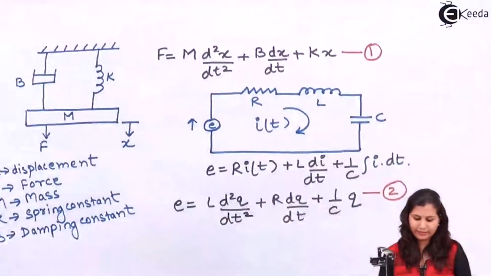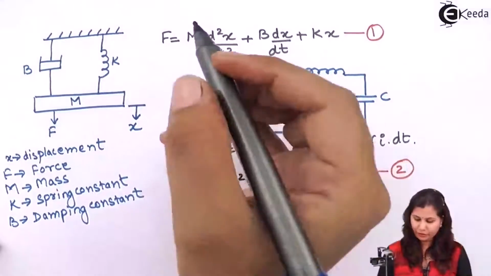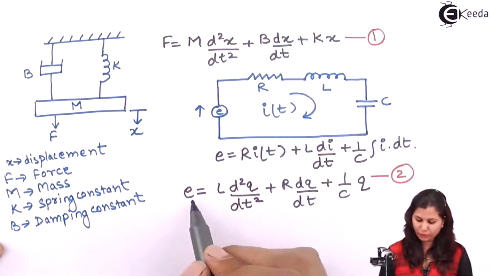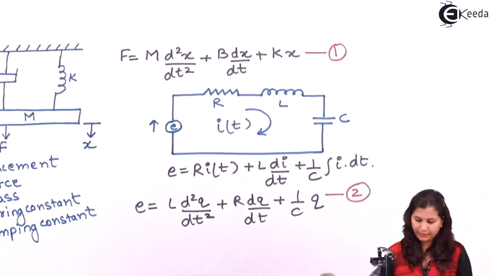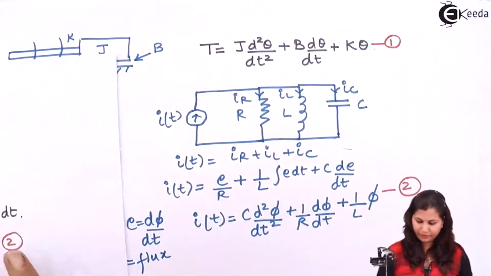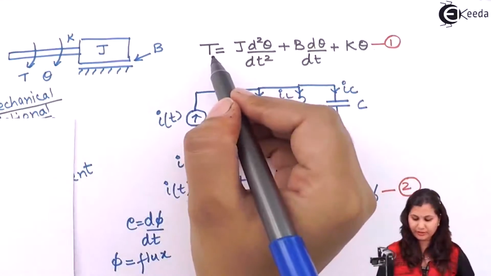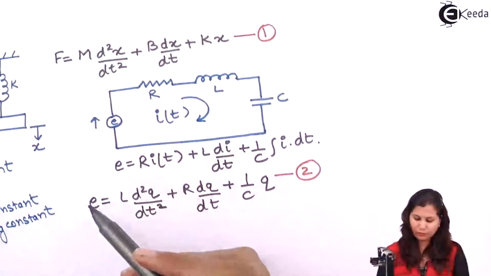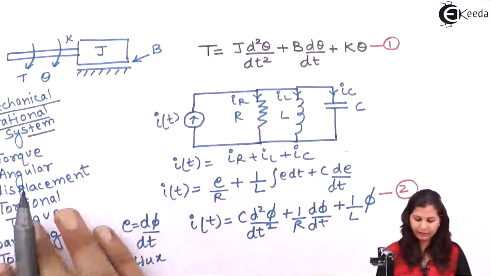This was the mechanical translational system. So here force is equal to the voltage, and if we compare it with the mechanical rotational system, we will get that force, voltage and torque are equal.